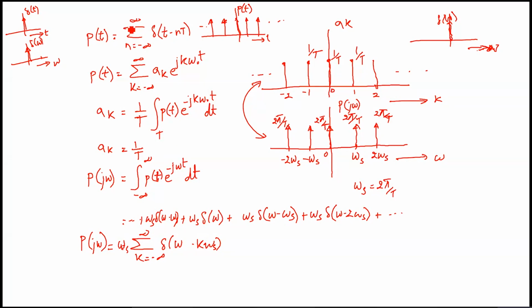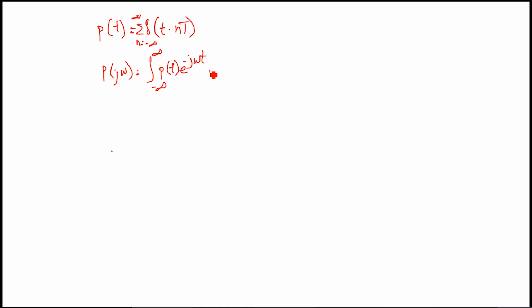Reason being, your p(t) is a set of impulses. If you just put it this way, your p(t) is basically nothing but a set of impulses, delta of t minus n times T, with n equal to minus infinity to infinity. This was p(t). So P(jω), we can directly find out: integral from minus infinity to infinity of p(t) e raised to the power of minus jωt dt.